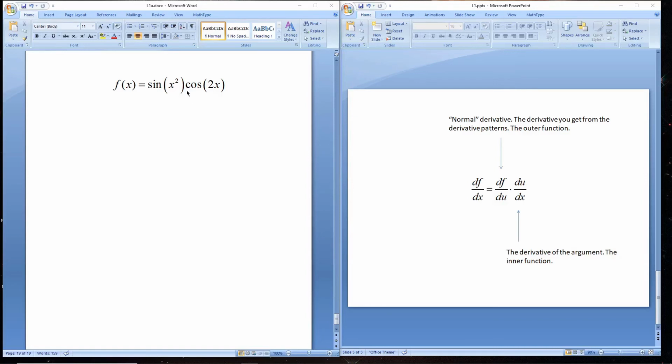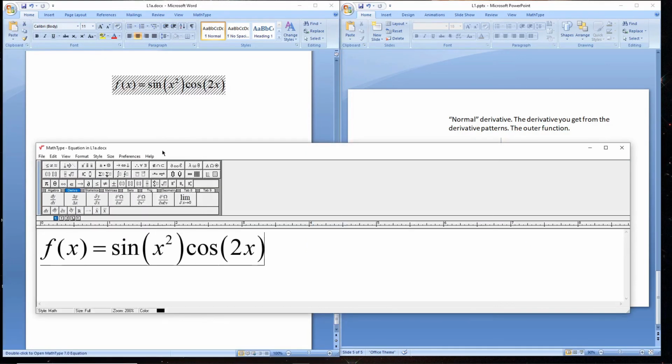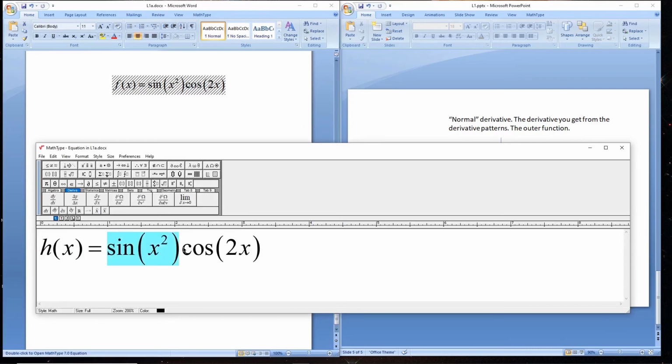Hopefully you can also see this is a function times a function. So we have the sine function times the cosine function. So that means product rule, multiplying two functions together.